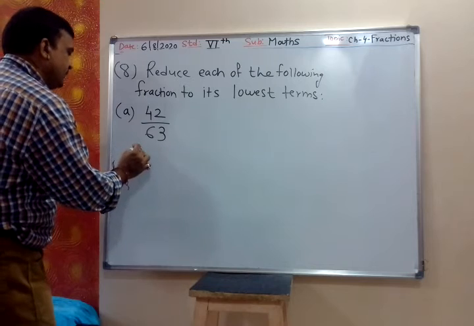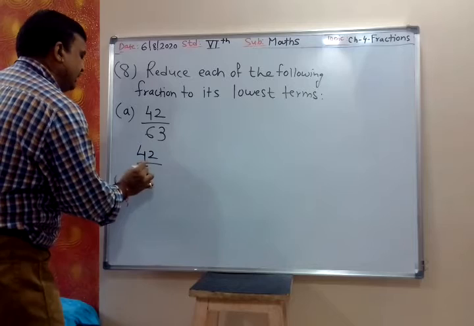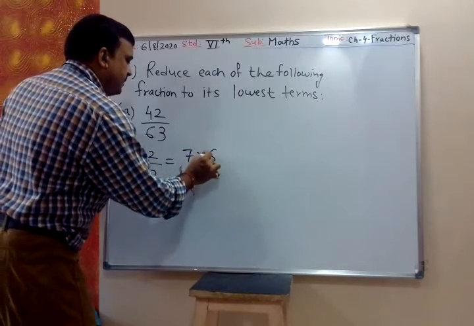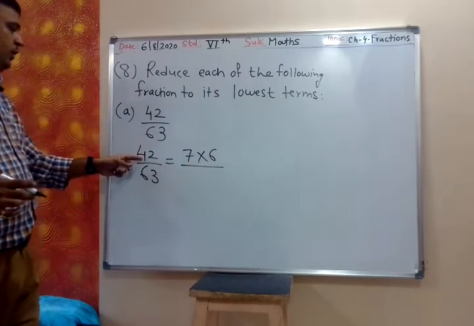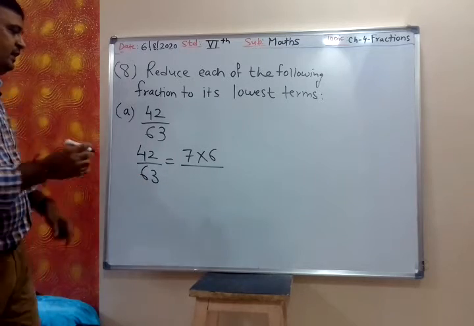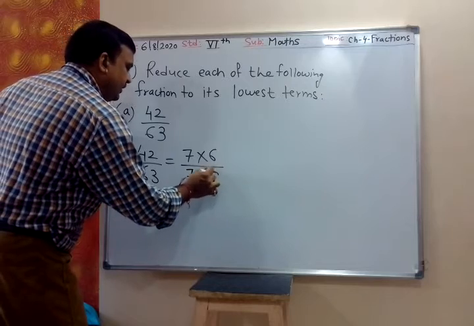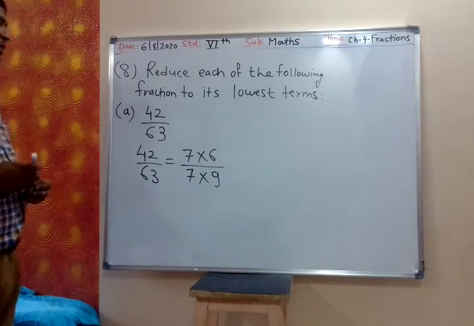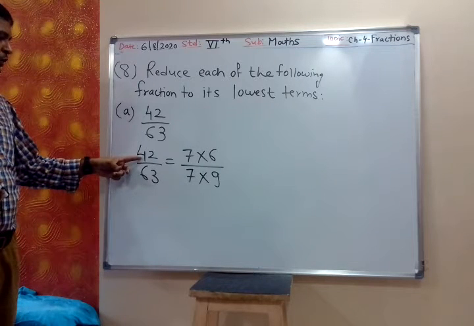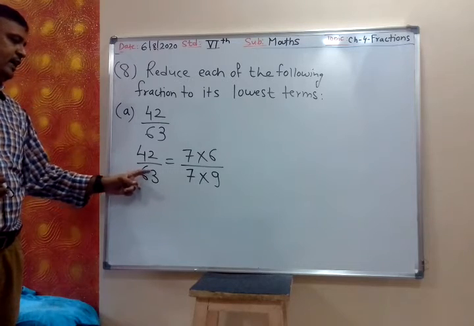Now 42 upon 63. 42 I can write as 7 into 6, yes or no? 63 I can write as 7 into 9.